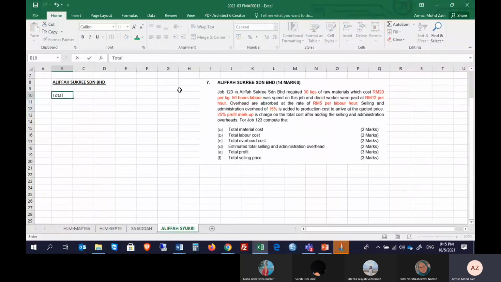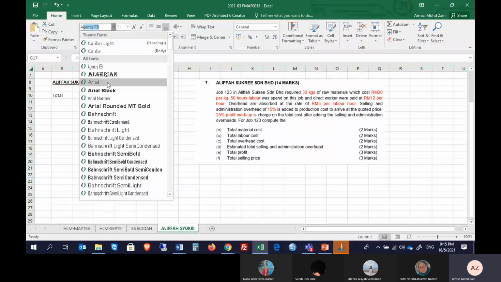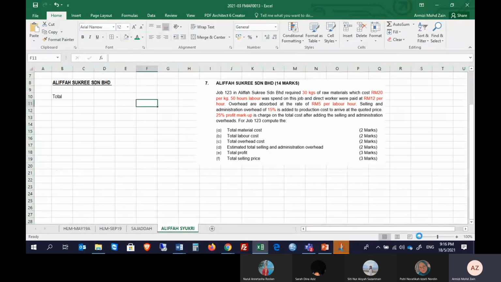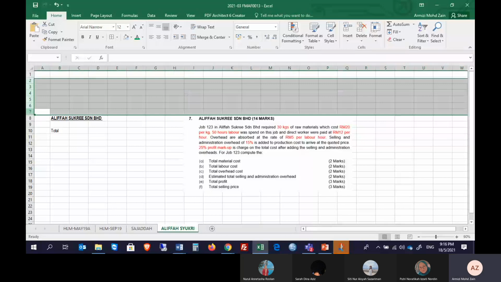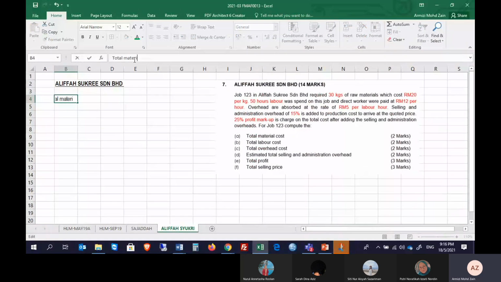Total material cost equal to 30 kg times RM 20 ringgit equal to RM 600 ringgit.